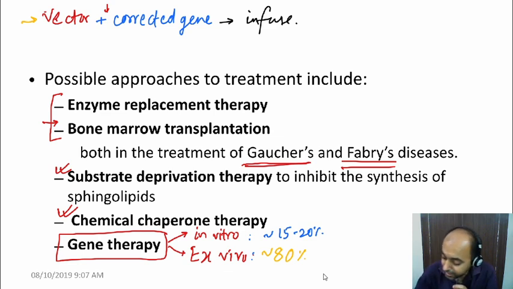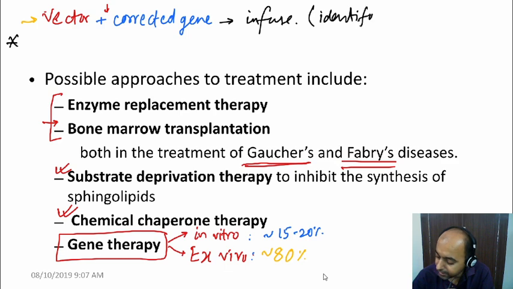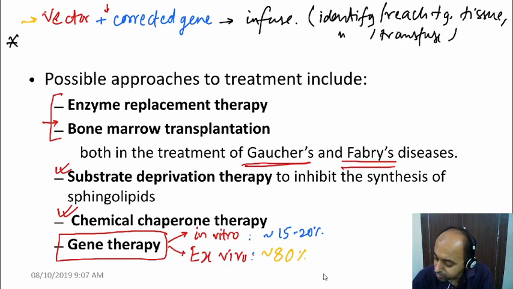So what we do in the ex vivo system, we try to minimize the factors which decrease the effectiveness. What are the factors? First, identify or reach the target tissue, and second, identify and transfuse stem cells. So we try to minimize both the variables in the lab itself when we are using ex vivo gene therapy.